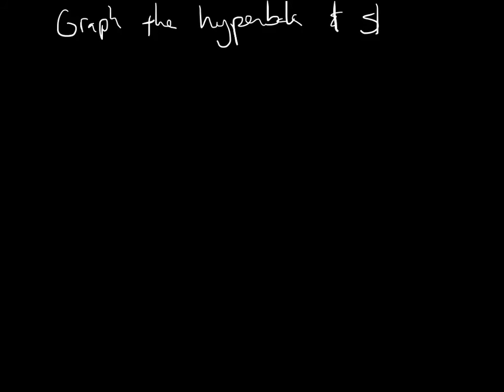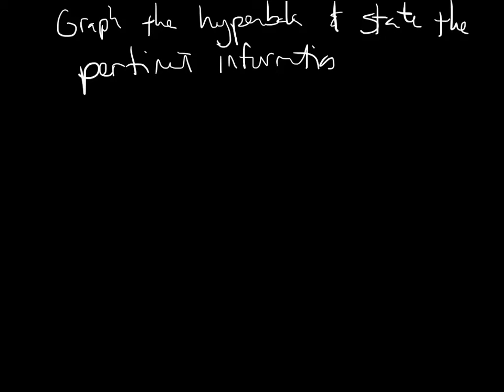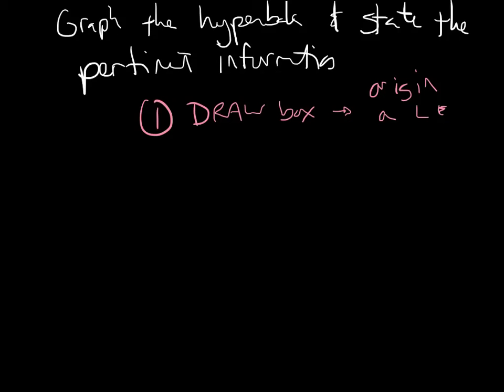Alright, we want to graph the hyperbola and state the pertinent information. So what you'll do is you'll go through this, you'll draw your box. Start at the origin, go a left and right, b up and down.